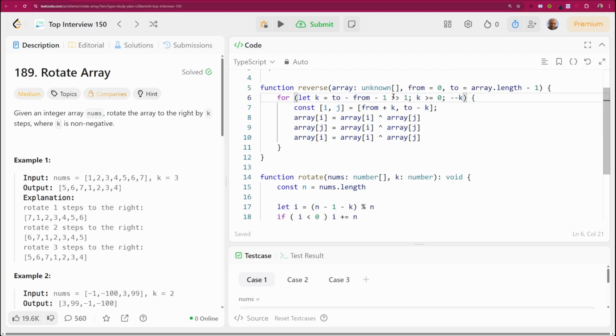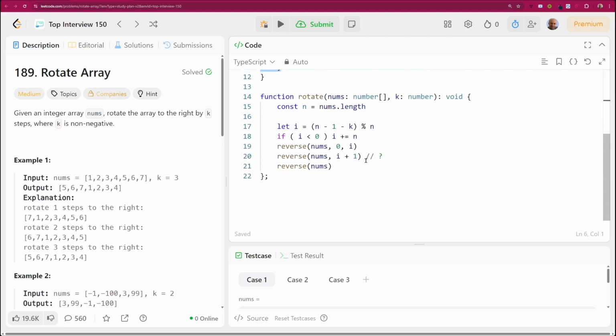So if from is greater than 2, then this is at least minus 1. This is at least minus 2, which means when you divide it by 2, it's at least minus 1. And this will also truncate towards minus infinity. When this is truncated to minus infinity, that's a negative number, and this will kick us out of the loop. So nothing will happen. Technically, I don't have to do anything here.